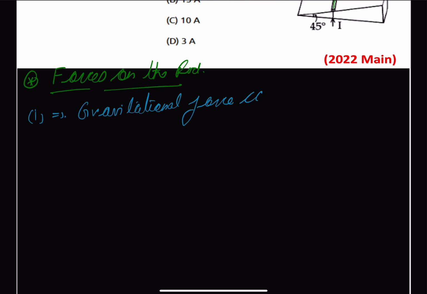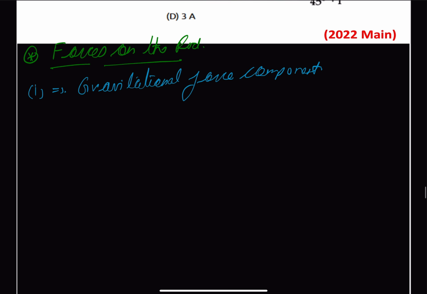So first of all, let's find out what will be the gravitational force, then we can easily find out its component. Okay.